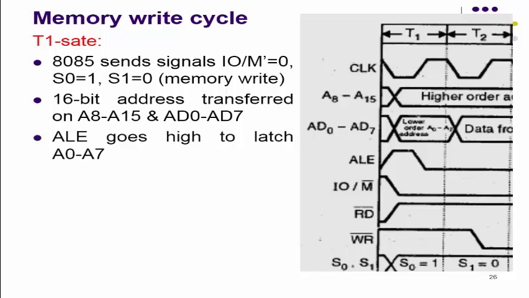Then the short duration ALE signal goes high in this T1 state to latch the contents available on A0 to A7 in the latch IC. So ALE signal goes high in this particular T1 state.